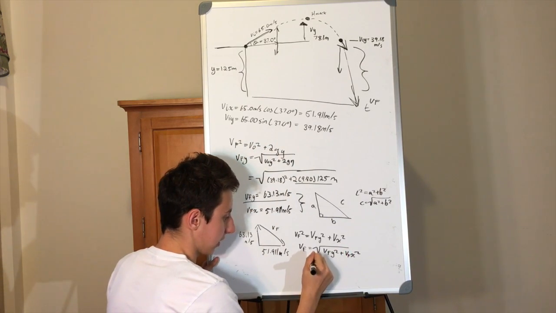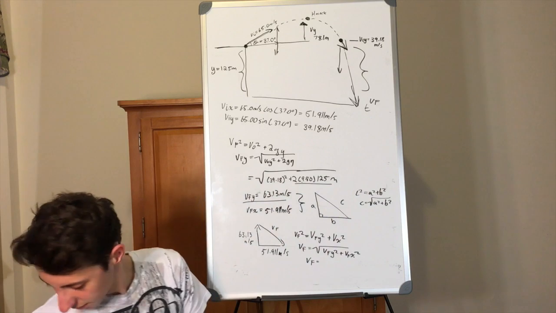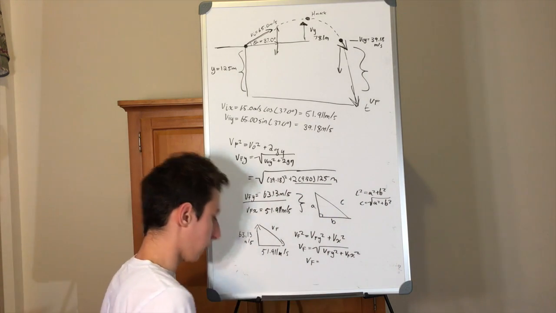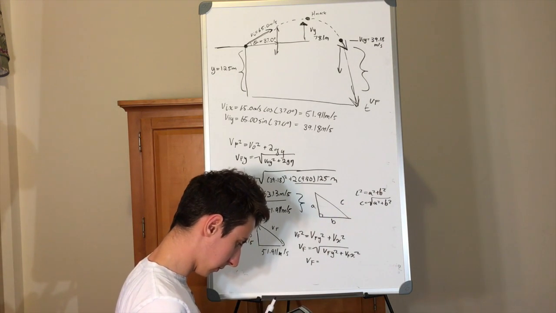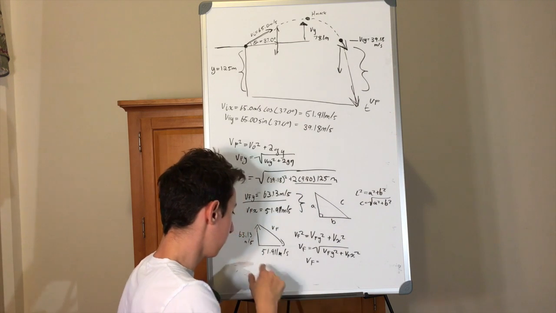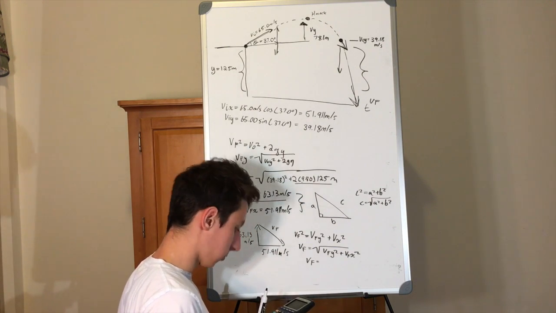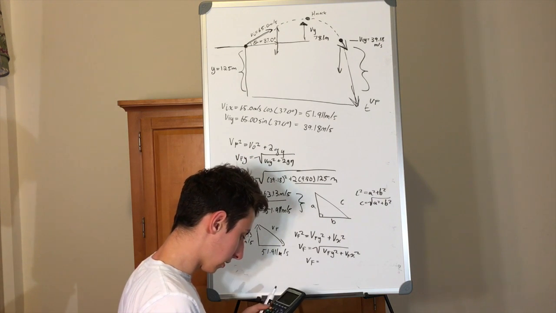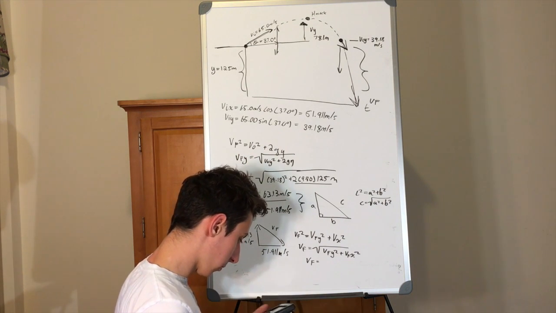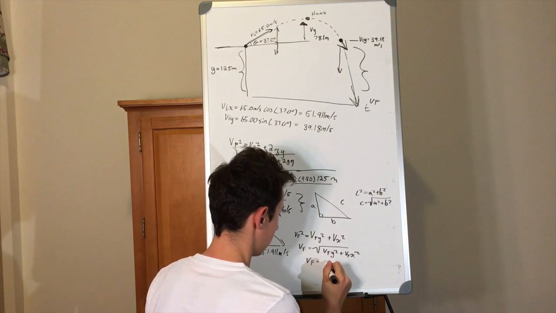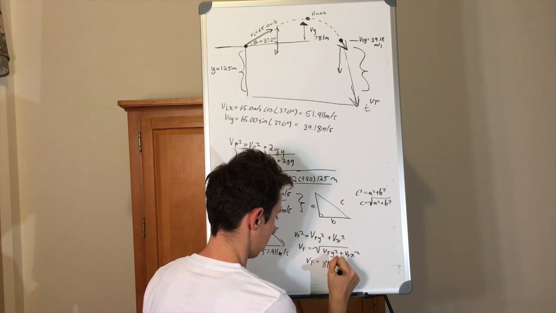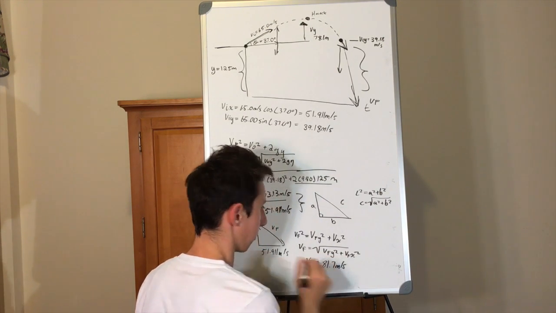And then plugging in those numbers, we should get 63.13 squared plus 51.911 squared. Square root that, we get 81.7 meters per second. But we're not done yet.